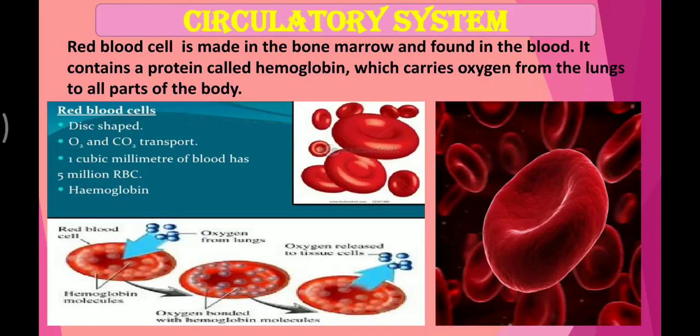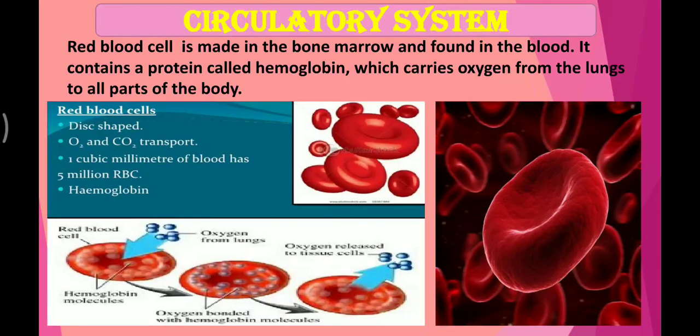Next, red blood cells. Let us know about red blood cells. Red blood cells are made in the bone marrow and found in the blood. The color of the blood is given by red blood cells, because they have a red color in them. Why do they have red color?